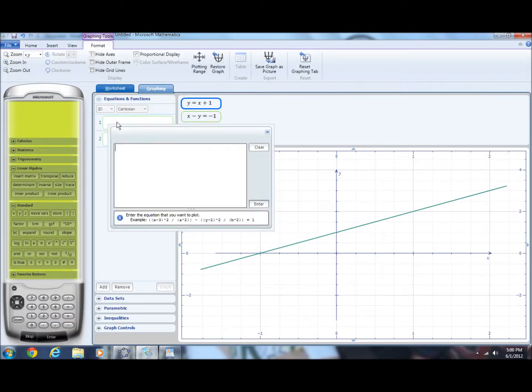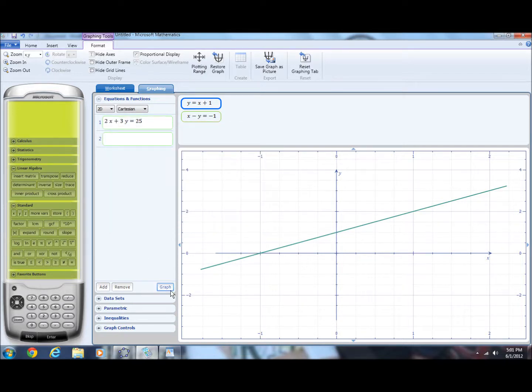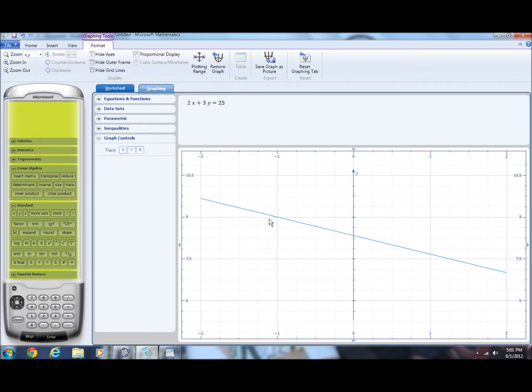An example of a standard form line would be 2x plus 3y equals 25. Let me just graph it.